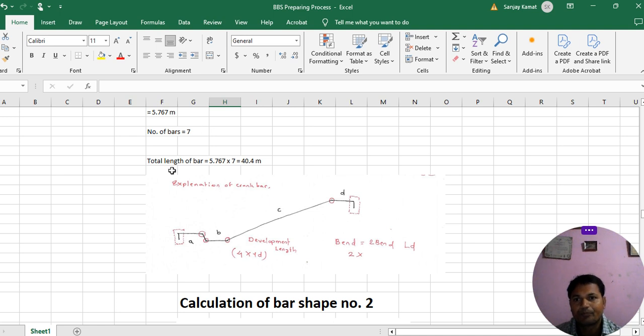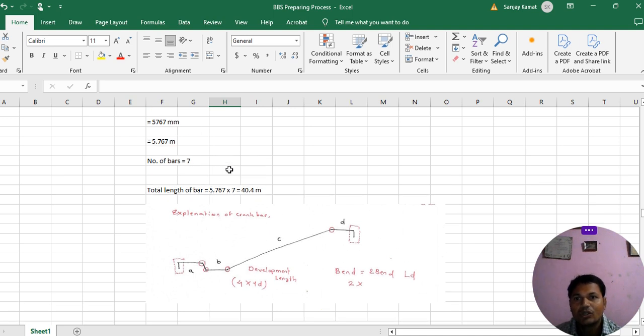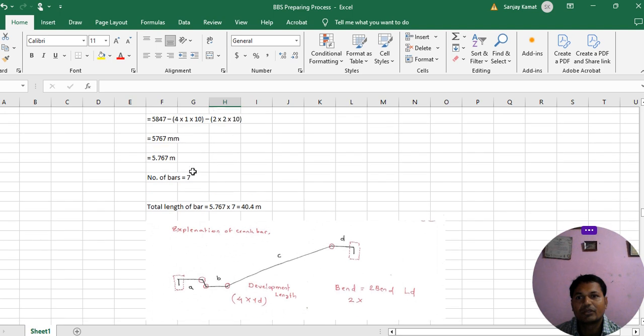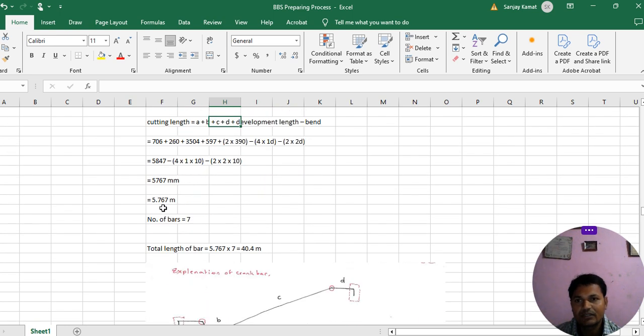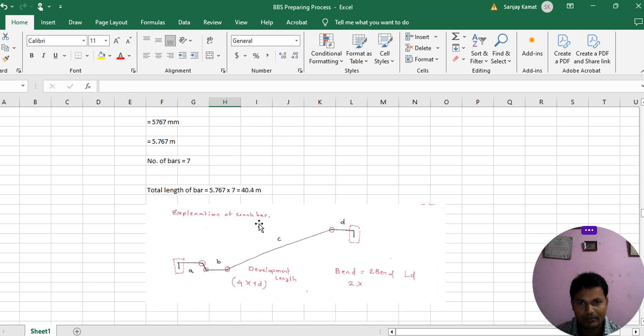Now we come to the total length of the bar. To calculate the total length of the bar, what will we do? We will multiply 5.767 by 7, because the number of bars is this much and the cutting length is 5.767. After multiplying you will get 40 point.